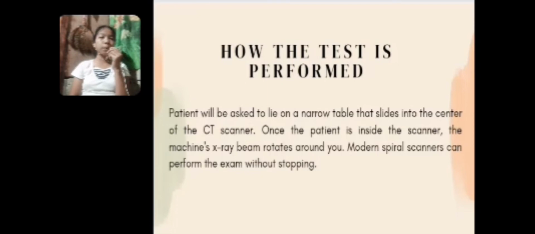Modern spiral scanners can perform the exam while moving. So, how are you going to perform a CT scan? The patient must lie in a tunnel-like machine while the inside of the machine rotates and takes a series of X-rays from different angles.